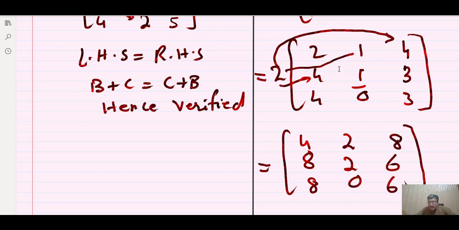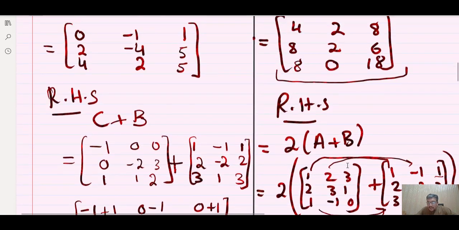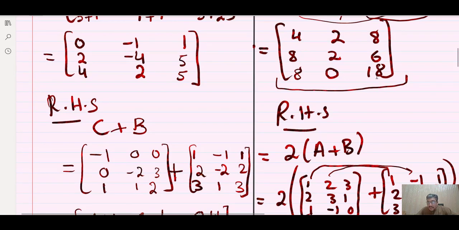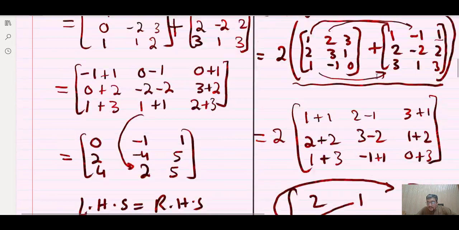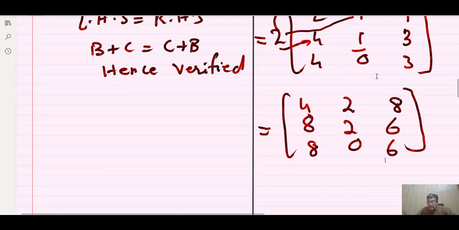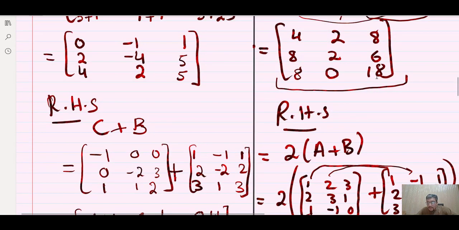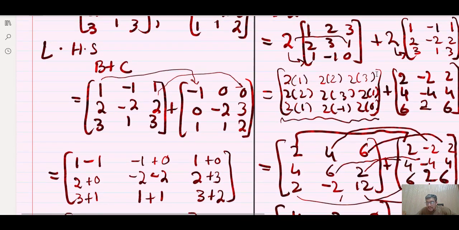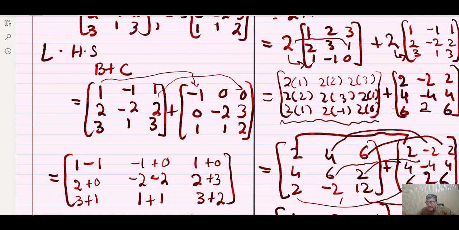Now if you see, is this matching with the left hand side result? Let me see again. It is not matching here. We are getting 18. Let me see whether we have made a mistake. Yes, we have made a mistake: it is 0, it is not 6. When we multiply this 2 with this 0, we will not get 12, it will be 0.